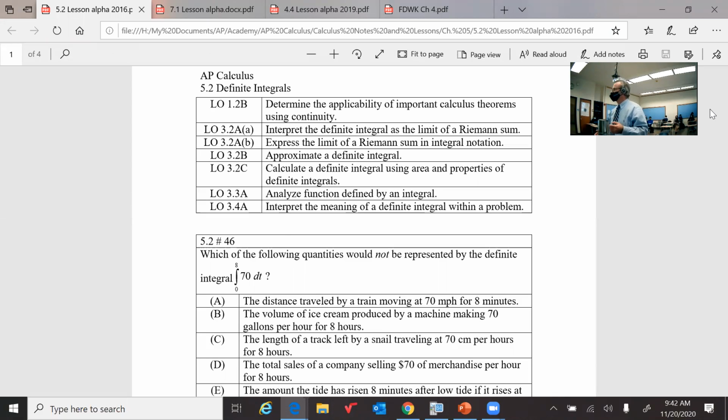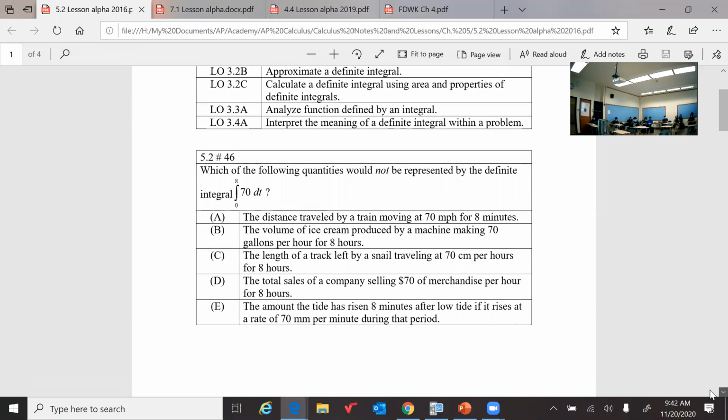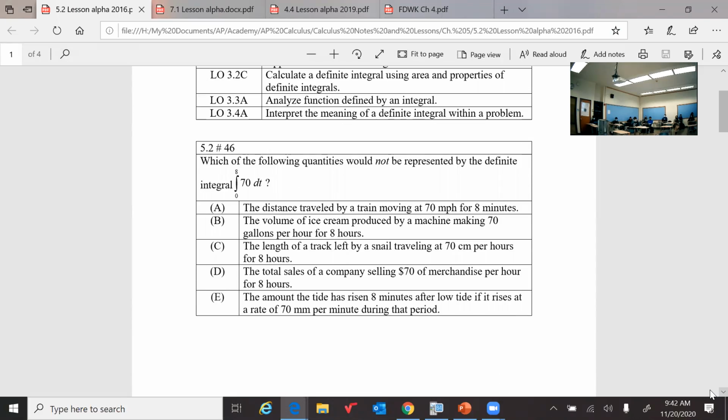So here's a question, which we could answer from the end. We could answer now, because this is more of a language arts question. It's problem 46 at the end of the section. Which of the following quantities would not be represented by the definite integral? Now, definite integral, right?